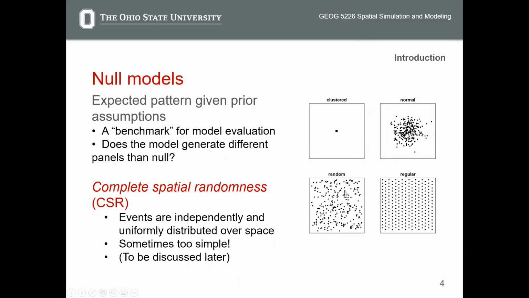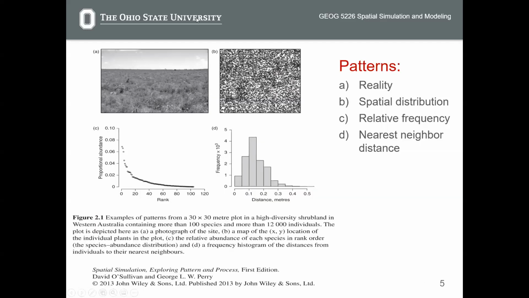I would say random, right? Although maybe we can say denser plants are clustered here because it's black, this area, and maybe some clusters here, when we're looking at the whole picture, I would say random. Do you think there is any other better null model to describe the spatial pattern here? I would say random. But things could be different when you're looking at these individuals from another perspective.